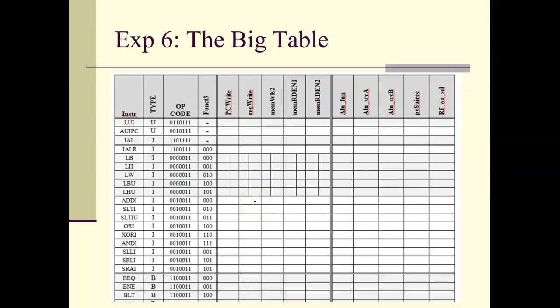So this is, I always toss this table out here because this is how you're going to implement the instructions. And I honestly have never really used these things, but students like using them. So this is how you work this table: for any given instruction here, these are all the control signals coming out of the control unit, both the decoder and the FSM.